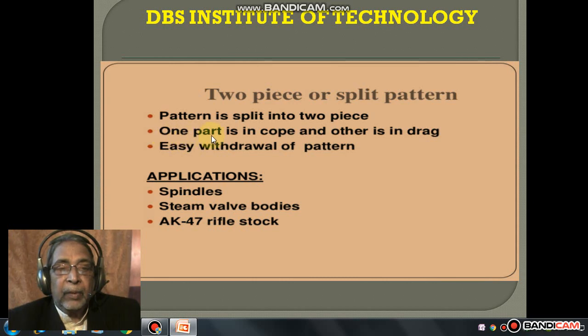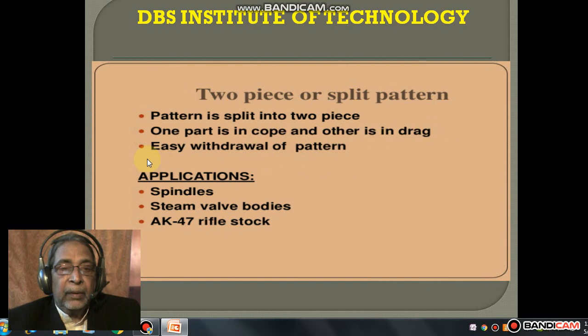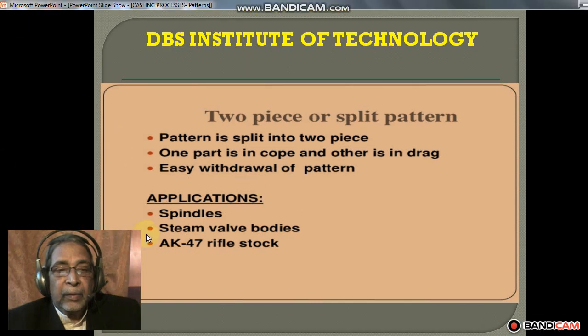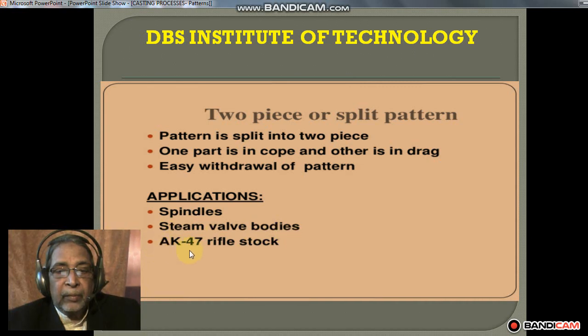One of the parts is in the cope and the other part is in the drag. It is very easy to withdraw from the mold. The application of this pattern is we can make spindles, steam valve bodies, and also AK-47 rifle stock.